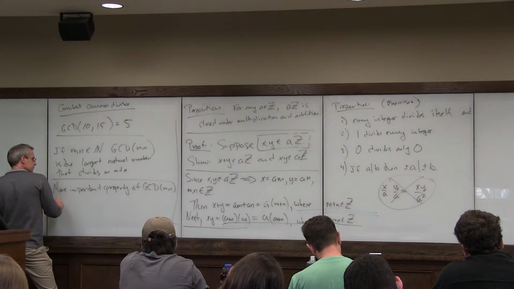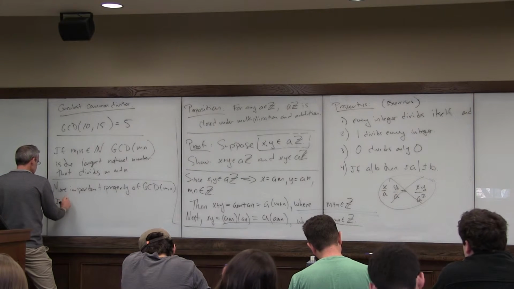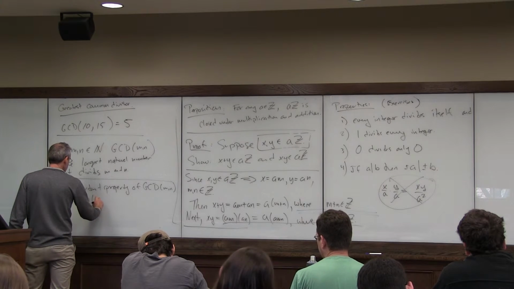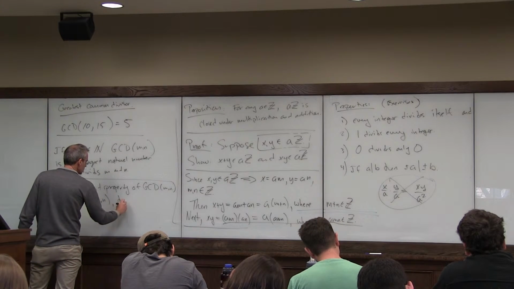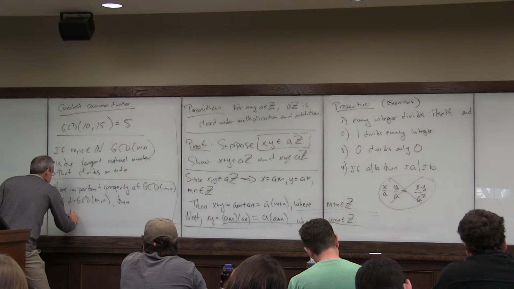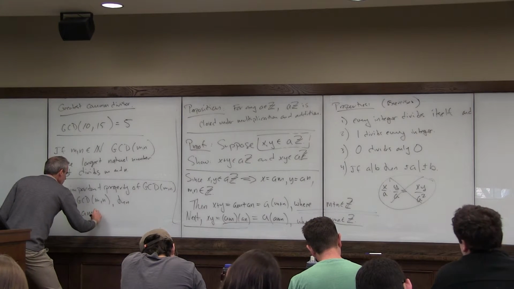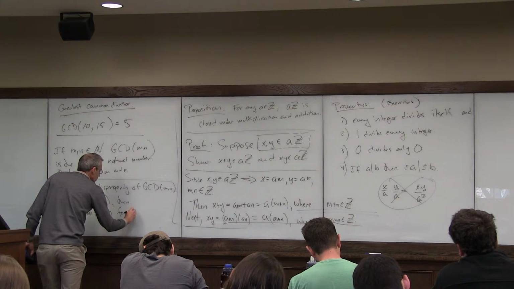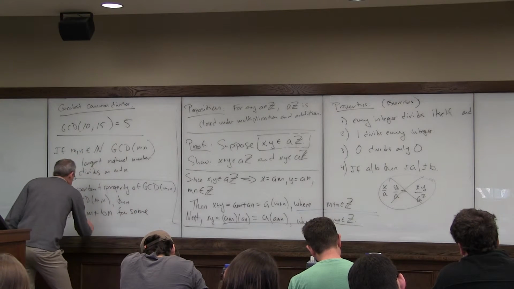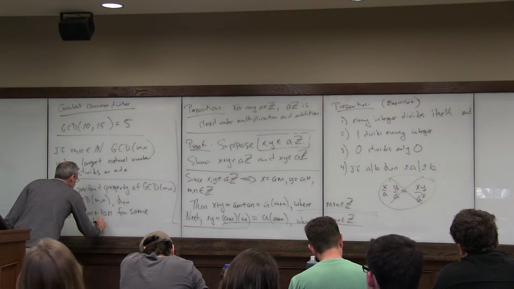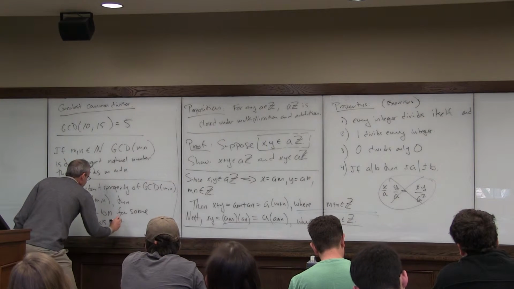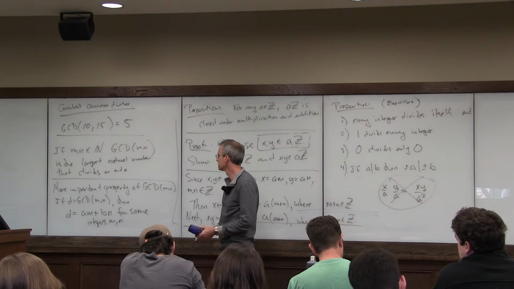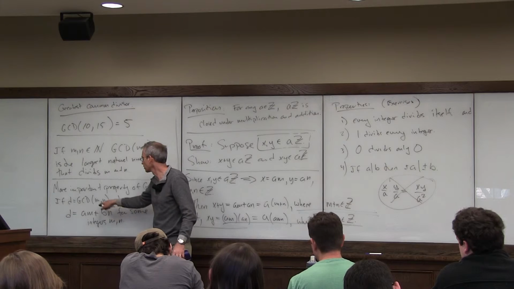And that is that if D equals the greatest common divisor of m and n, then D is equal to Am plus Bn for some integers A and B. In fact, this is actually going to imply that.